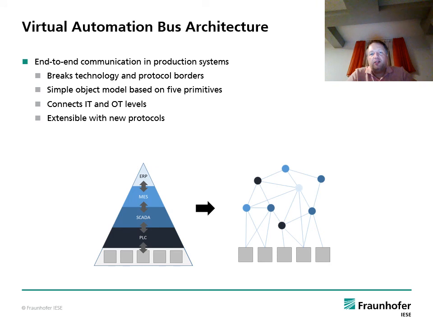It connects the IT and OT levels and turns the automation pyramid, as shown, into a peer-to-peer infrastructure. It is extensible with new protocols.